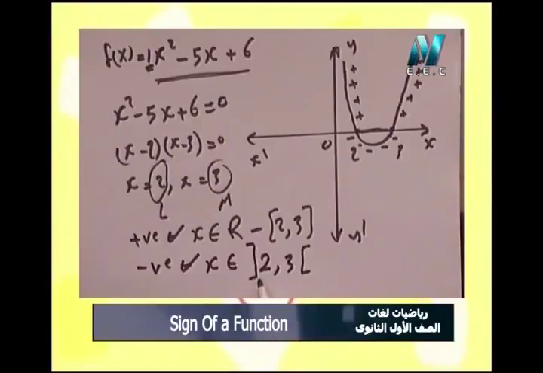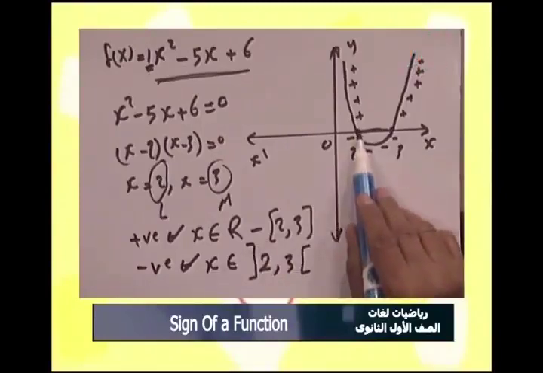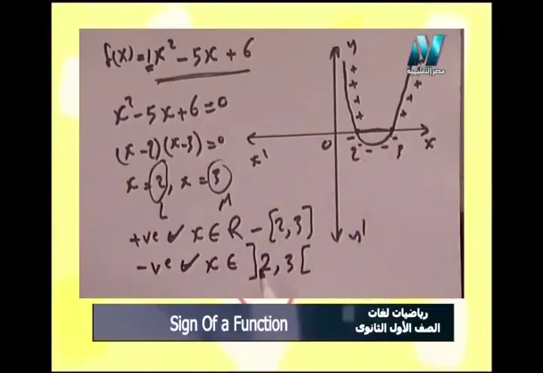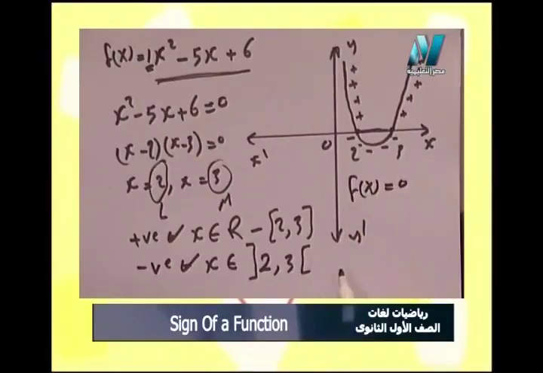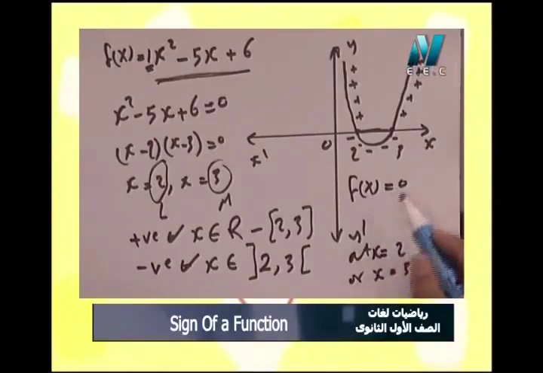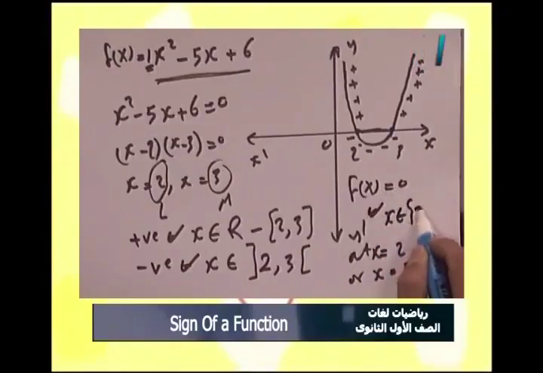Yes, concentrate that it's negative here after 2 and before 3 directly. So 2 here is open and 3 here is open, because at x equal 2 and 3 the function will be 0. So the function equals 0 at x equals 2 or x equals 3.